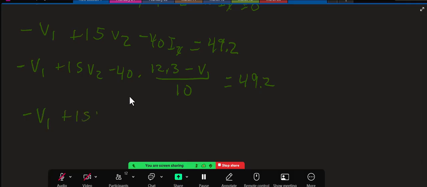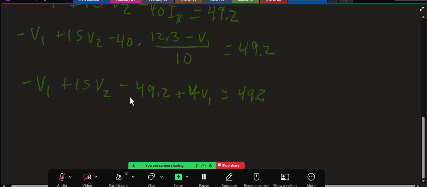And then if I simplify that, minus V1 plus 15V2, that would be a negative 4 times 12.3, so negative 49.2, plus 4V1 equals 49.2.